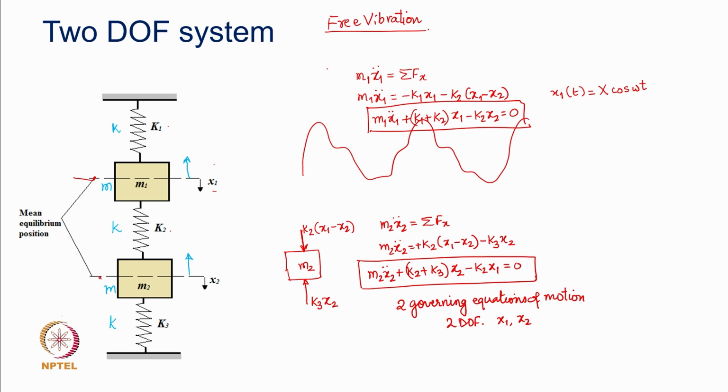Now, you start questioning what is the purpose of such a hypothetical case. We will talk about when this gets violated, what happens, but for the sake of some initial understanding, just imagine that both of these two masses are moved together with the same amplitude, okay, and then you release them.